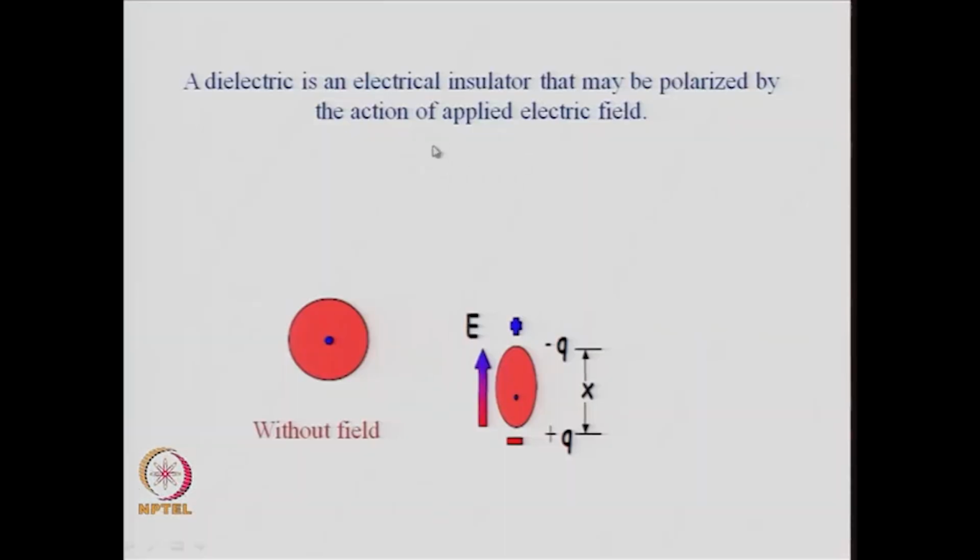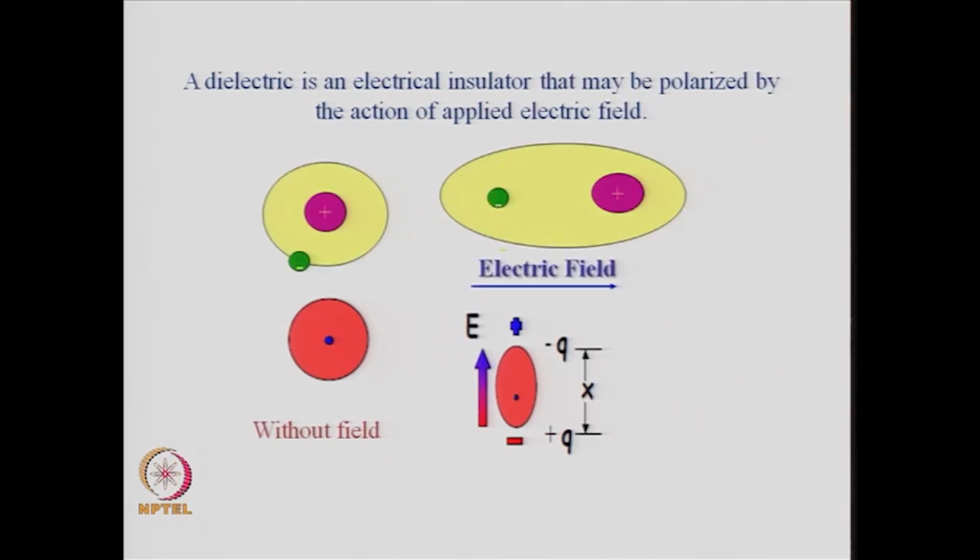So, a dielectric is an electrical insulator that may be polarized by the action of an applied electric field. That means, in general a dielectric is something which is non-conducting, which has a high resistivity. So, it is like an electrical insulator, and this material can be polarized by applying an electric field.